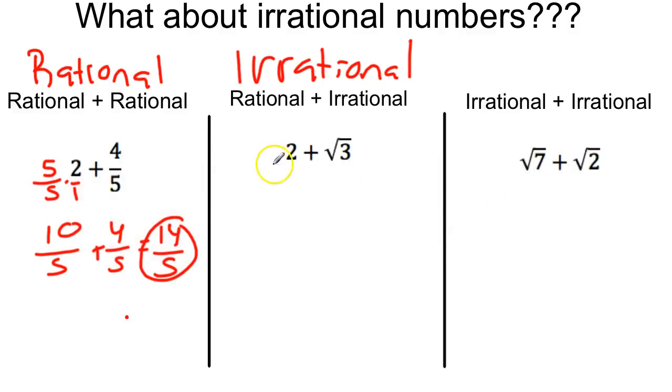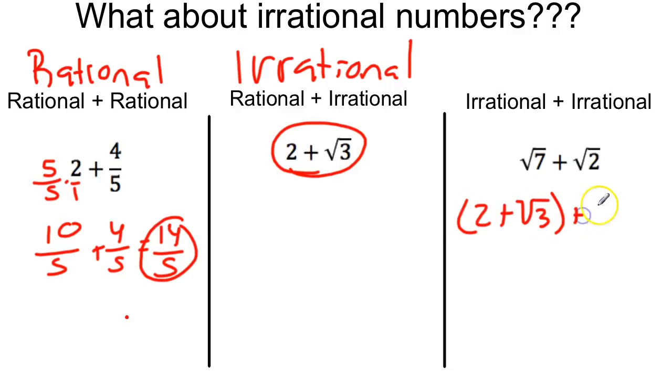If I take 2 plus the square root of 3, which is irrational, and add it to negative square root of 3, which is irrational, the square root of 3 and the negative one will cancel, and my answer will be 2. So this could really be either.